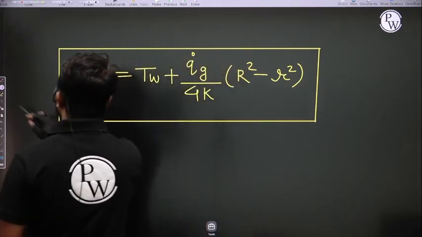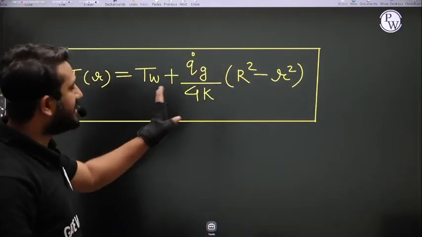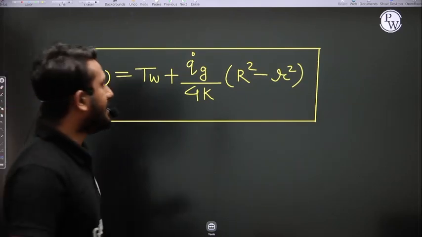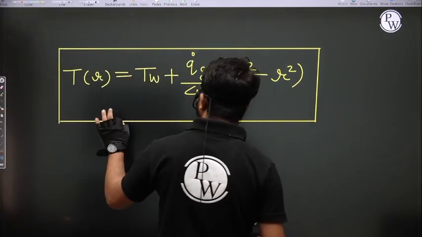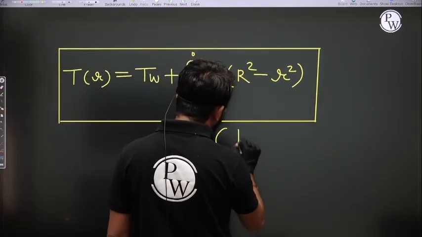This is the temperature variation with r. And from this expression, it is very clear that temperature is changing with respect to r parabolically.